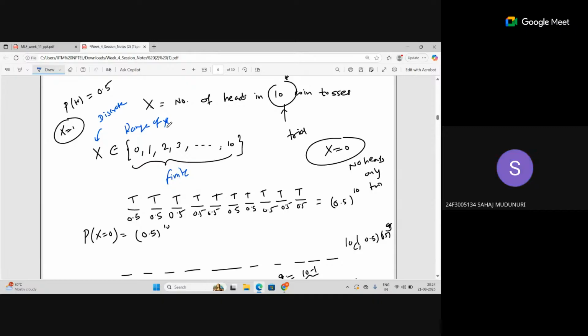Discrete. Even though the values are larger, they are finite, so we still call it a discrete random variable.